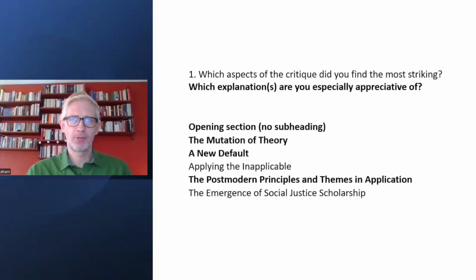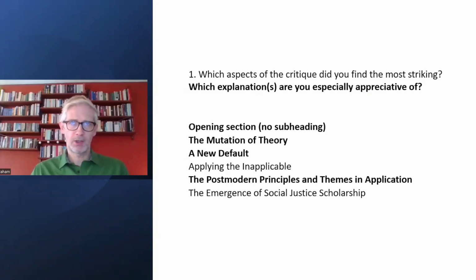To begin with, what a reader might find interesting in terms of explanations in this second chapter: many readers will no doubt be appreciative of the main thesis of this part of the book, which is that in the 80s and 90s, the second wave of applied postmodernists focused on dismantling hierarchies and making truth claims about power, language, and oppression, and that the two postmodern principles and the four postmodern themes get retained in what the authors call applied postmodernism.